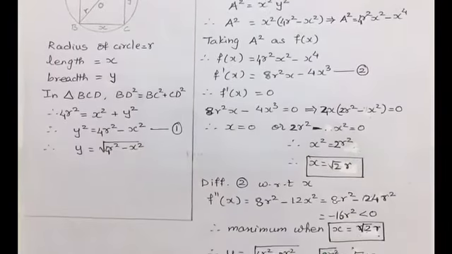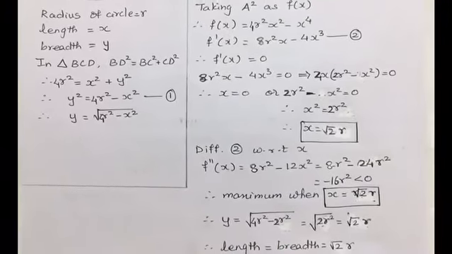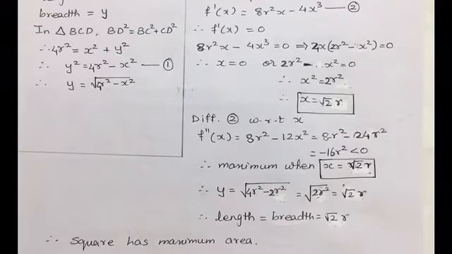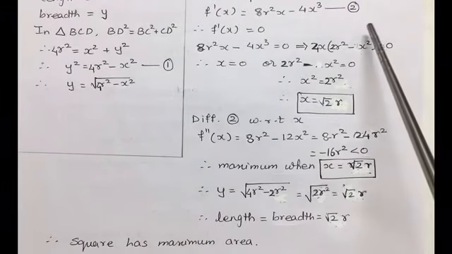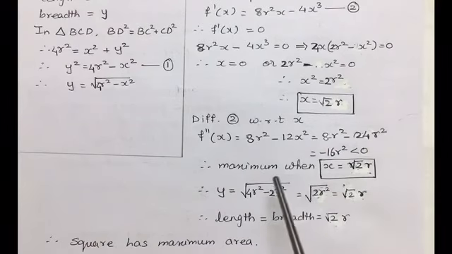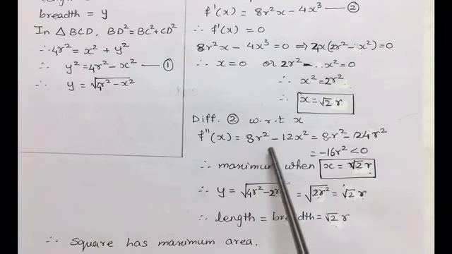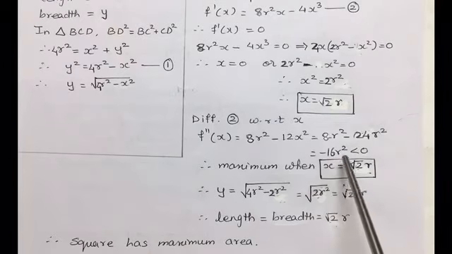Now to confirm the maximum area, we have to go for the second derivative. Now taking up the second derivative of statement number 2, which is the first derivative, we get f double dash x is equal to 8r square minus 12x square.